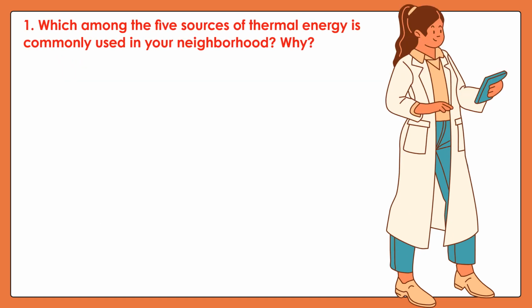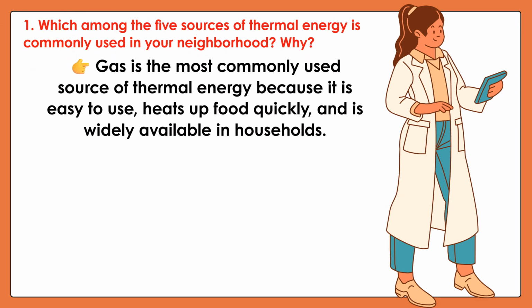So here are the questions. First, which among the 5 sources of thermal energy is commonly used in your neighborhood, and why? Here's the possible answer. Gas is the most commonly used source of thermal energy because it is easy to use, heats up food quickly, and is widely available in households.